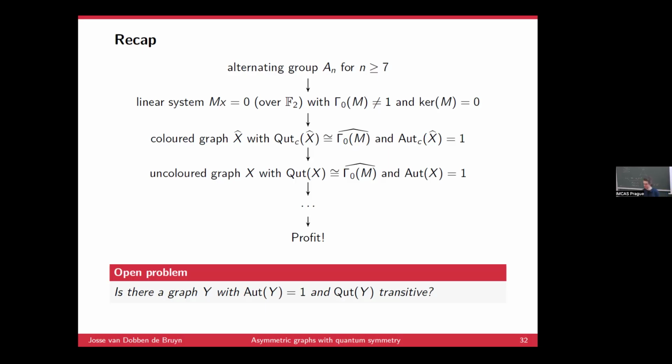Every finite classical group can be realized as the automorphism group of a graph. And it's known that not every finite quantum group is the quantum automorphism group of a finite graph. Maybe I get my definitions wrong, but I think there's even uncountably many subgroups of Sn+.